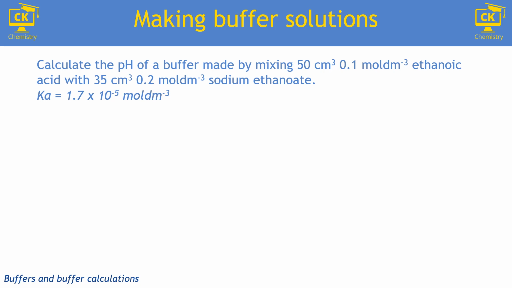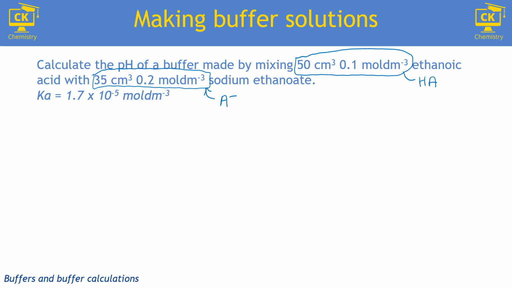So the first skill as you're working out how to do buffer calculations is to identify that ethanoic acid relates to HA in my equation, and sodium ethanoate is the salt. As soon as I see sodium or potassium, or group 1, I know that is my salt, which is my A minus in the equation.